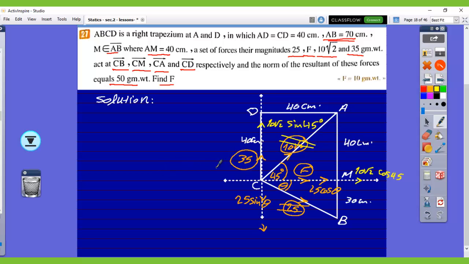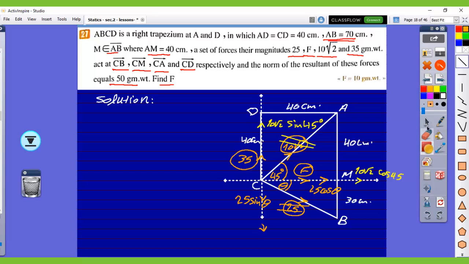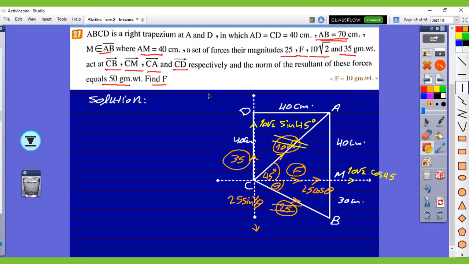Now we have all forces in two perpendicular directions, as x equals 0 and also y equals 0.